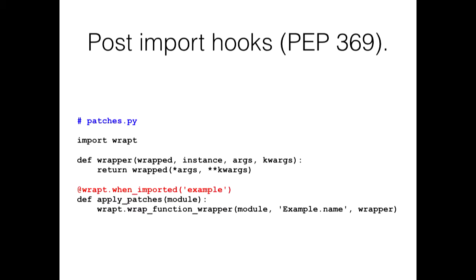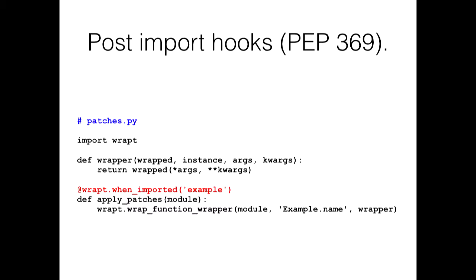So how can we solve this? Now, there was a PEP that was created, PEP 369, which had a feature called post-import hooks. The idea was that you might want to make modifications to a module when it's imported, and you could make that specification.